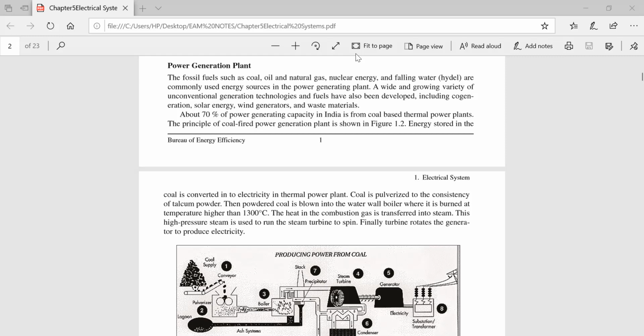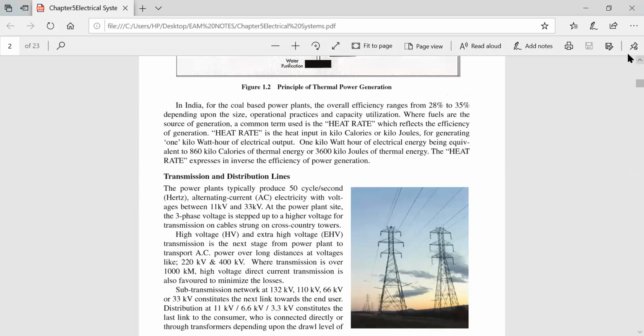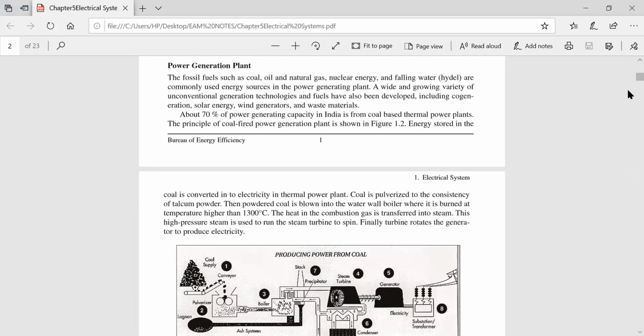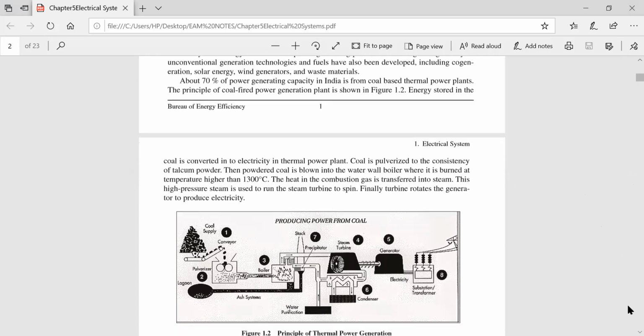So 70% of the generating capacity is from coal-based thermal plants. Here the figure shows producing power from coal, how the power is coming from coal.